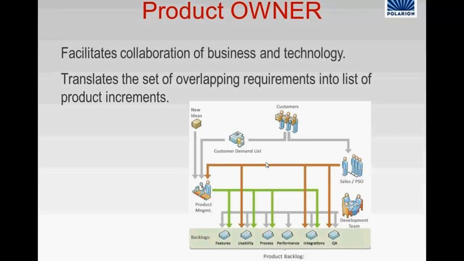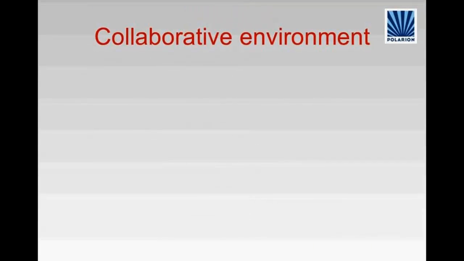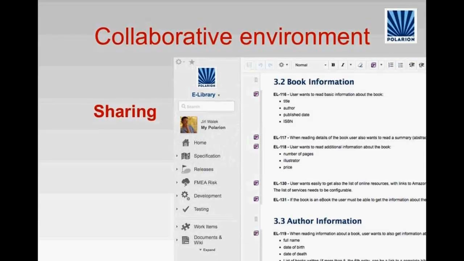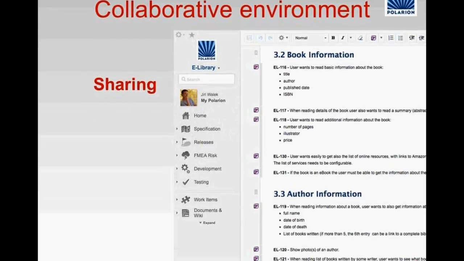And how does Polarion really help with this? The most important thing is that if you want really such a collaboration, you need to provide a collaborative environment for it. The first thing is that the people need to share data. So if there is a business analyst, all the information that is provided should be shared by all the people.